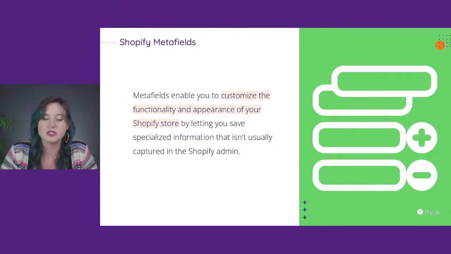Metafields enable you to customize the functionality and the appearance of your Shopify store by letting you save specialized information that isn't usually available when you select a default theme. You can customize these in the Shopify admin section, and that way you can use them to display internal tracking or display technical information in your online store in various ways.